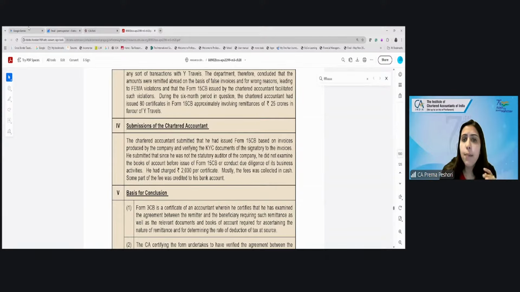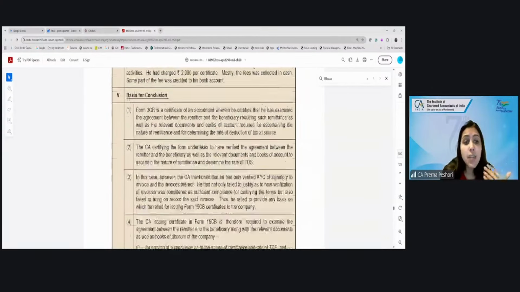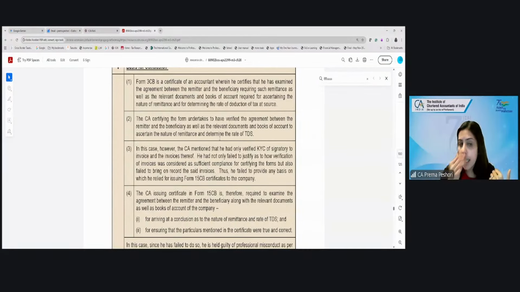Right? And basis that, whether the TDS has been correctly deducted or not. In Form 15CB, the CA certifying the form undertakes that he has verified the agreement between the remitter and the beneficiary and has ascertained the proper nature of transaction and the proper TDS on this.